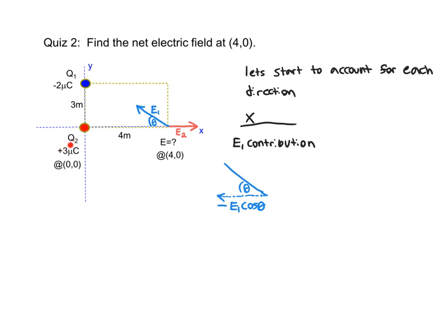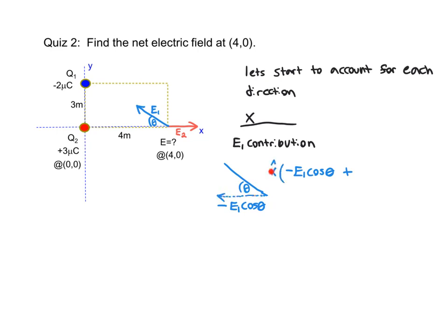I'm doing that because I'm not going to include the different signs of the charges. In this case, Q2 is positive and Q1 is negative, so I don't want to plug in the negative here. I just know that this is pointing to the left, which is in the negative direction.